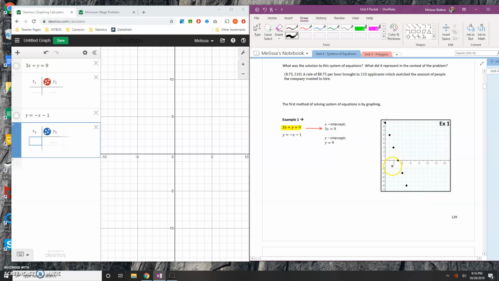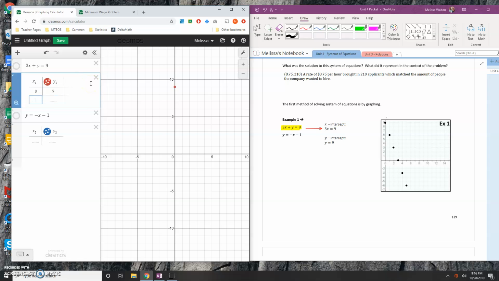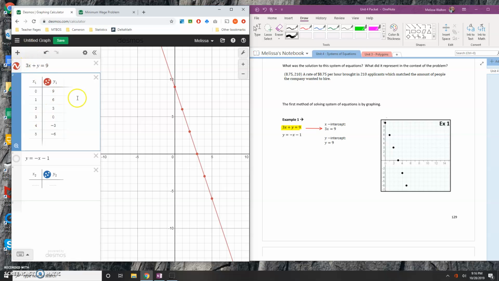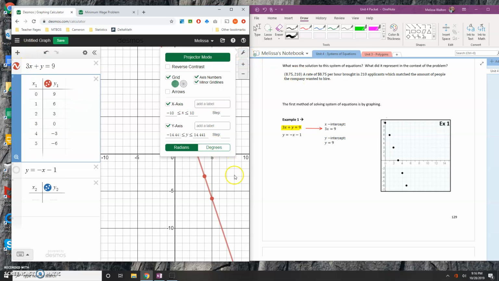So I went ahead and continued that on for a little bit. And I could graph that as well. My points were (0, 9), (1, 6), (2, 3), (3, 0), (4, -3), (5, -6). I can keep on going, and sure enough, those go through that.